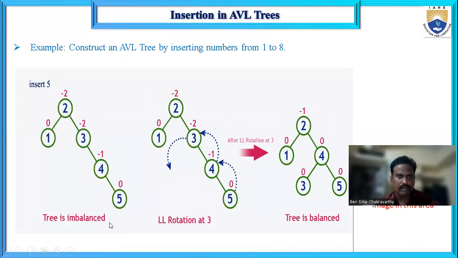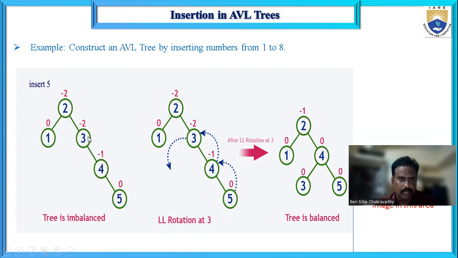When you insert 5, observe the balance factors. Here I got -2, here I got -2, -1, 0. Which one do I need to change? As we have seen, going from the leaf node to the root node, I need to find the first node which got imbalanced. This is balanced, this is balanced, and here I found -2, which is imbalanced.